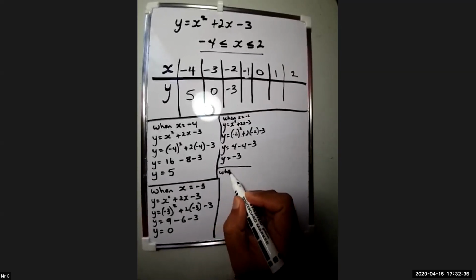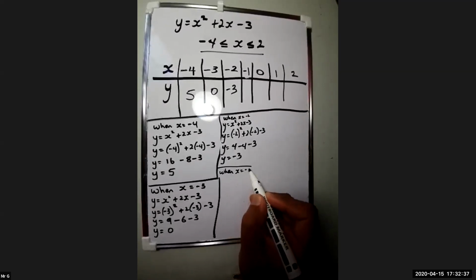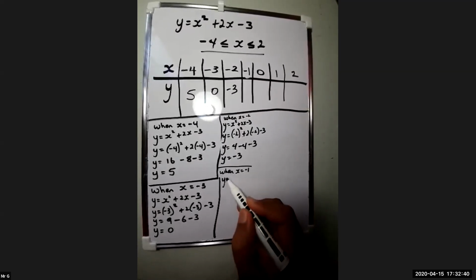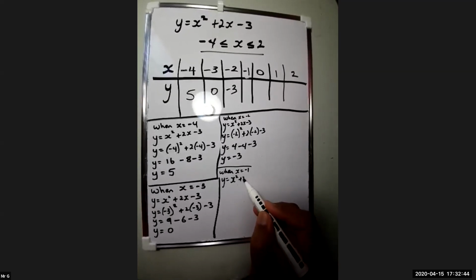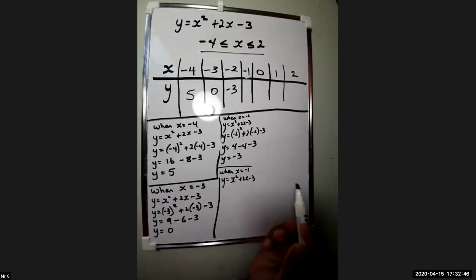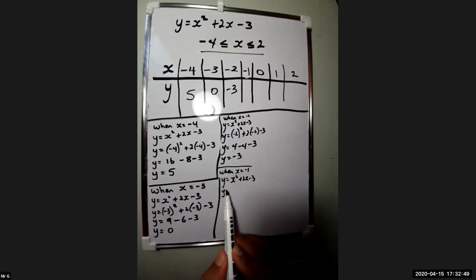When x is equal to negative 1, y is equal to x squared plus 2x minus 3. So y is equal to -1 squared plus 2 into -1 minus 3.